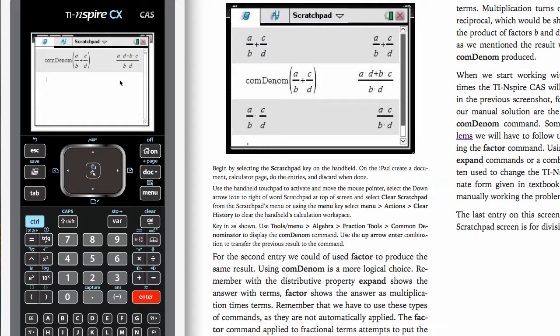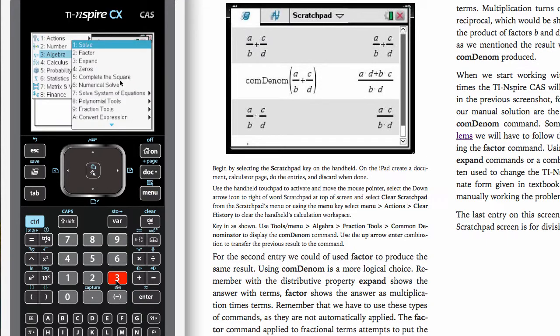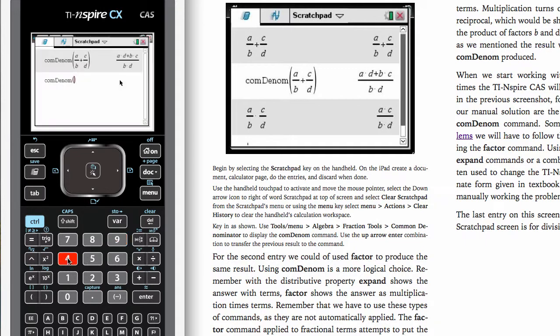We could also find this under menu, algebra, fraction tools, and common denominator. So some of these things are located in a couple different places, and you're going to have to experiment a little bit to see where they're at. Let's clear this second one out because we don't need it.